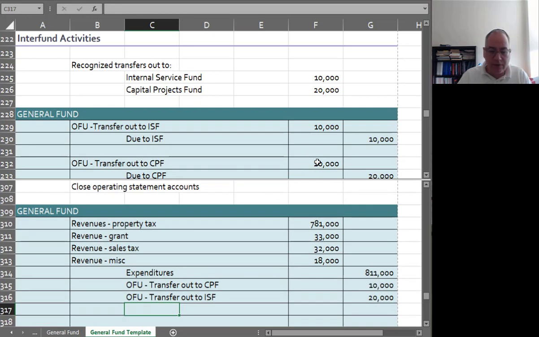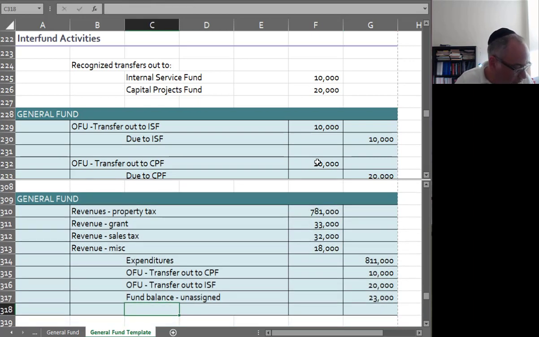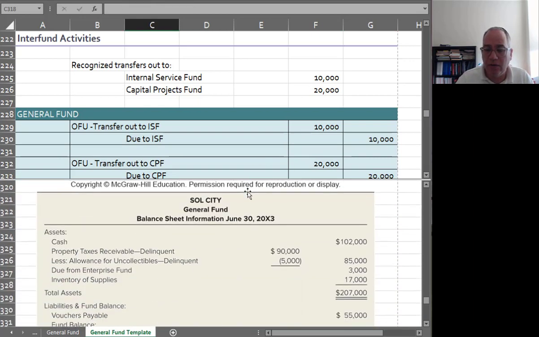And the plug for all of this, if this was a company, it would be retained earnings or income summary, and then it would go to retained earnings, and so would dividends. Fund balance unassigned $23,000.